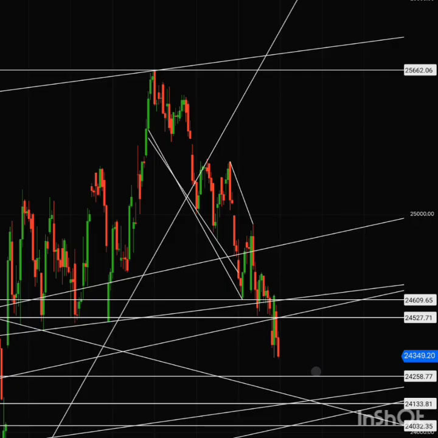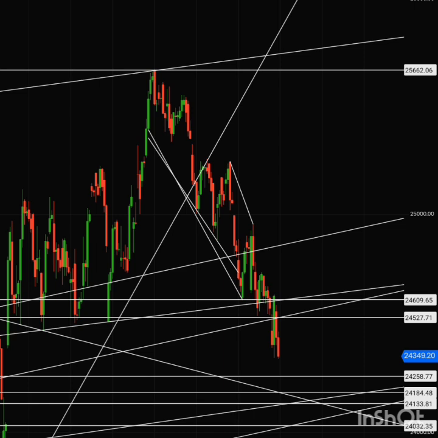I have a small support, that means the 24,250 to 260 range. Below this one, we will move towards here around the 180, 180 to 185 range. So this will be a small support for Nifty at the intraday level.